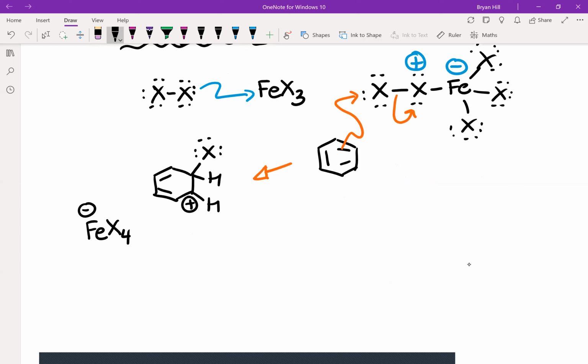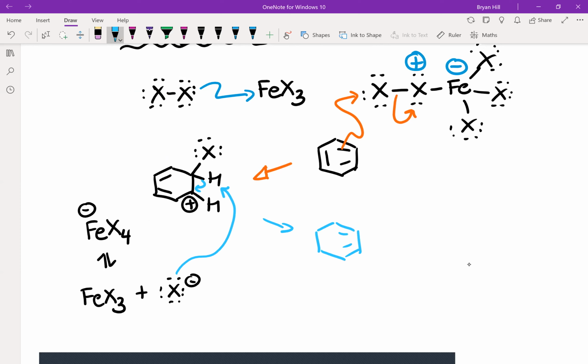And so this is in equilibrium with iron X3. That negative bromide, iodide, chloride can now, this little equilibrium here. And then now you've got your Lewis base to remove that proton and re-aromatize the ring.